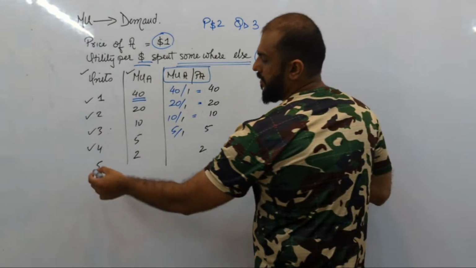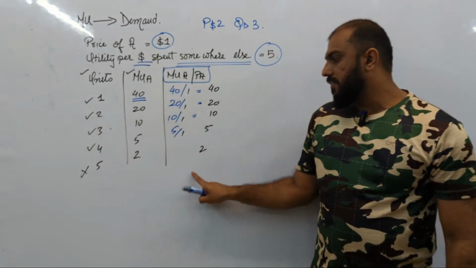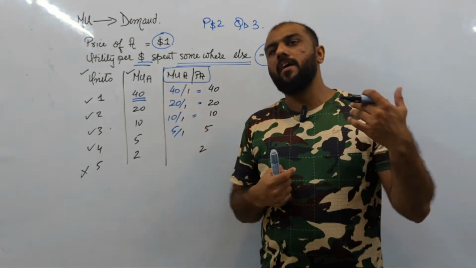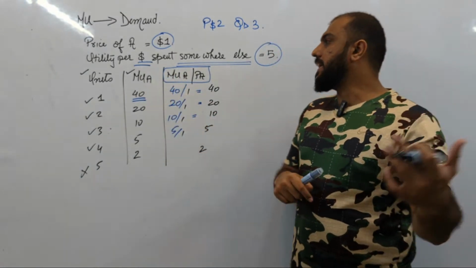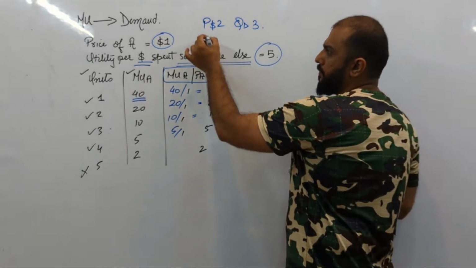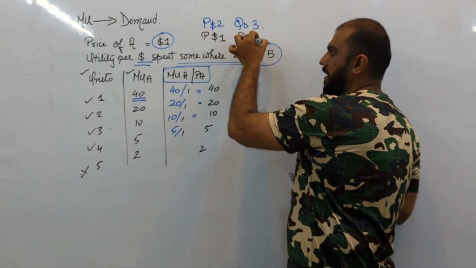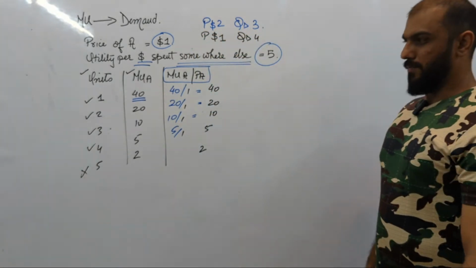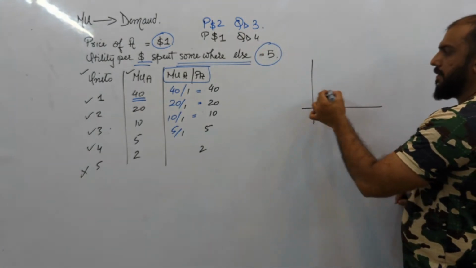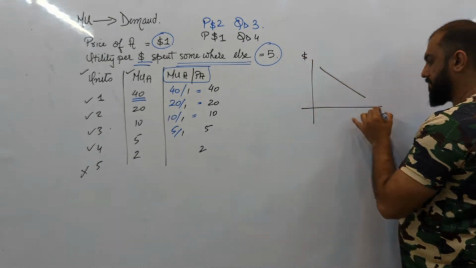On the fifth unit, no, I would not spend my money on A because it's giving me a satisfaction of 2 per dollar, whereas I could have achieved a greater satisfaction by spending it somewhere else. So when the price drops to $1, my quantity demanded increases to 4.